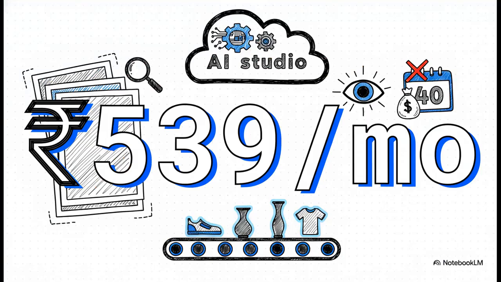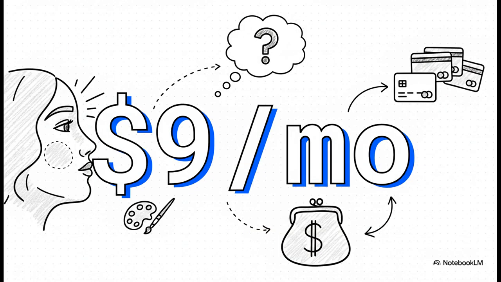Okay, let's take something simple like background removal. A lot of the popular web tools out there will charge you around 539 rupees a month. And what do you get for that? A measly 40 photos. Seriously? If you're running an e-commerce shop, you're going to burn through that in like a single afternoon. Or what about touching up a portrait? You might pay, say, $9 a month for a skin-enhancing AI tool, but then you find out you're capped at just 120 credits.